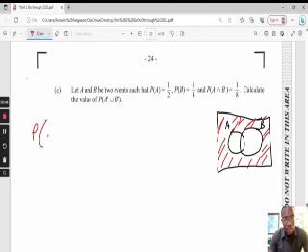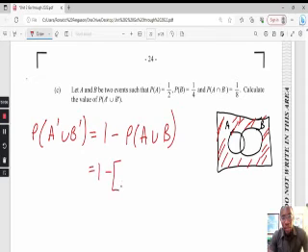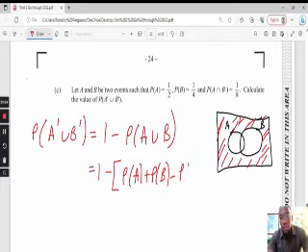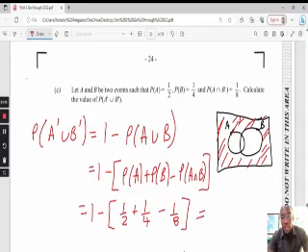So the probability of A complement union B complement is equal to 1 minus the probability of A union B. And the probability of A union B is the probability of A plus the probability of B minus the probability of A intersect B. This is 1 minus, probability of A is half, probability of B is a quarter, minus 1 over 8.